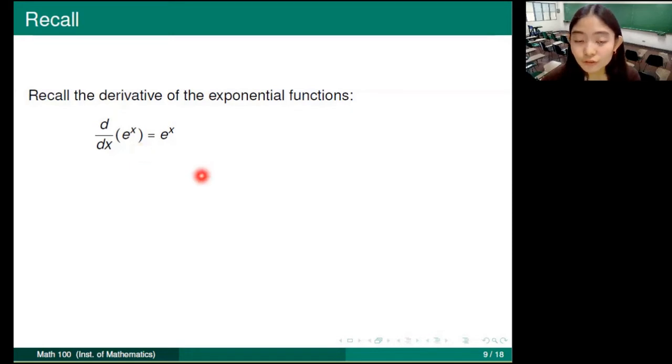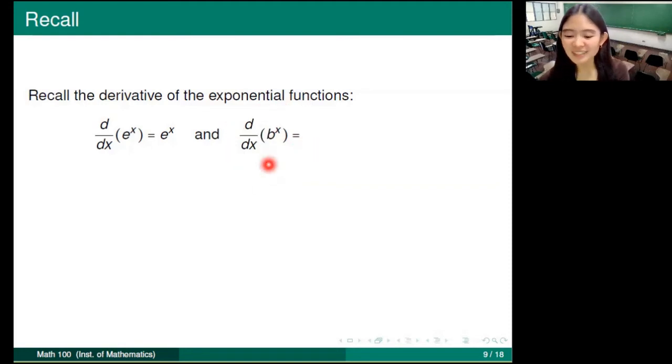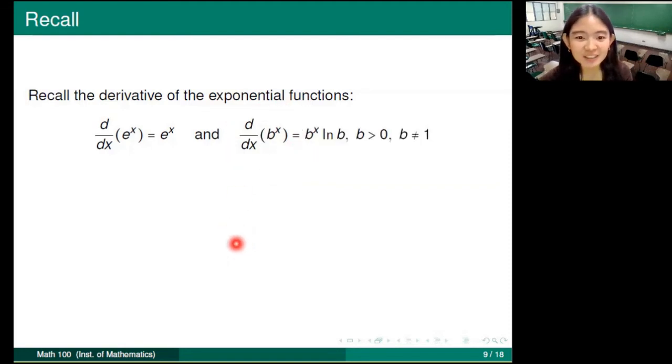Then, yung for the more general exponential function b, yung b na yan can stand for any positive number, pero hindi natin kinoconsider yung 1. Ano ang ating derivative ulit before? Sana naaalala, it is equal to b raised to x times the value, the constant, ln of b. Mula dito natin i-derive ang mga integral formulas ng e raised to x at b raised to x.